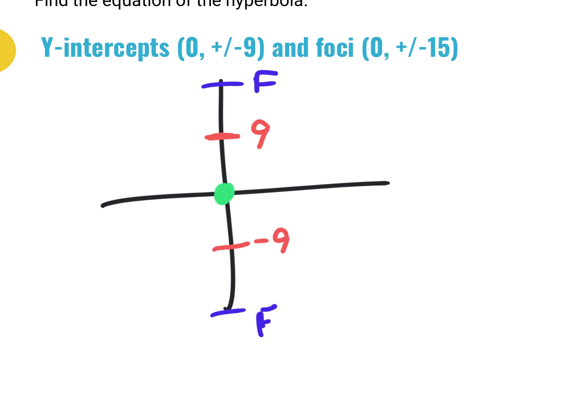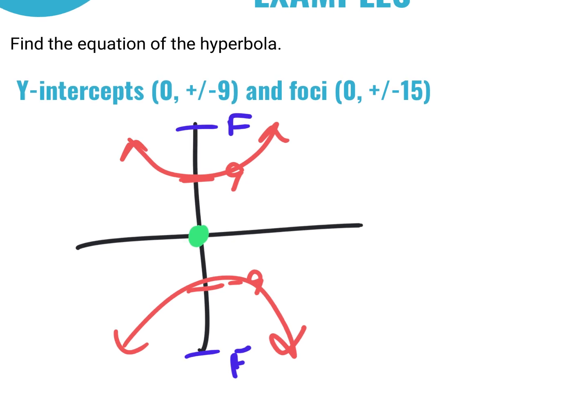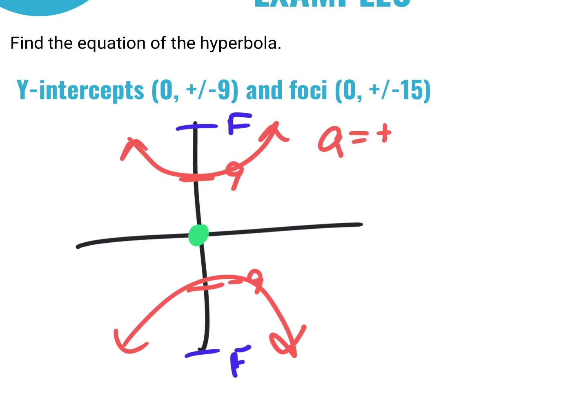By figuring that out, you now know that these are the intercepts. You know the direction, it's vertical. Good. You know your A value is plus or minus 9, and your C value is plus or minus 15.